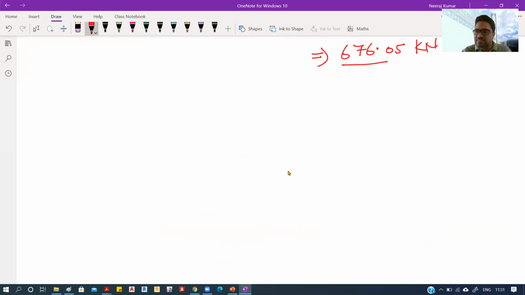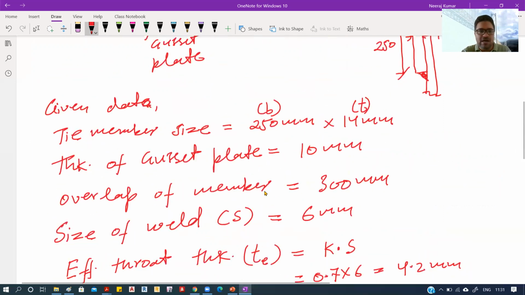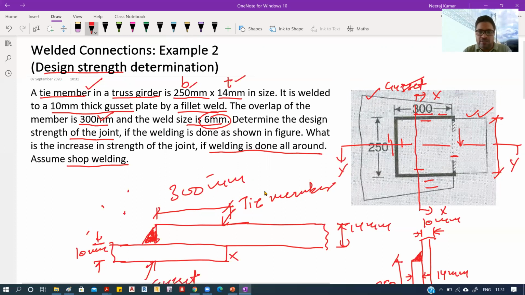Now in the next case, the problem asks what is the increase in the strength of the joint if welding is done all around. If we are doing welding on all four sides, this side, this side, and this side, then what will be the increase in the strength?